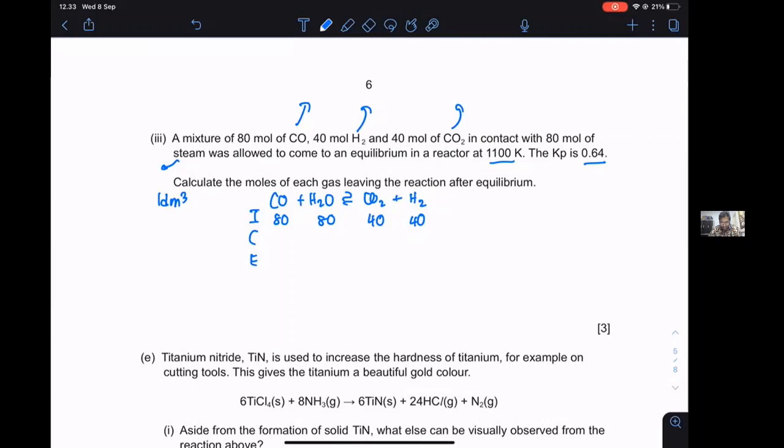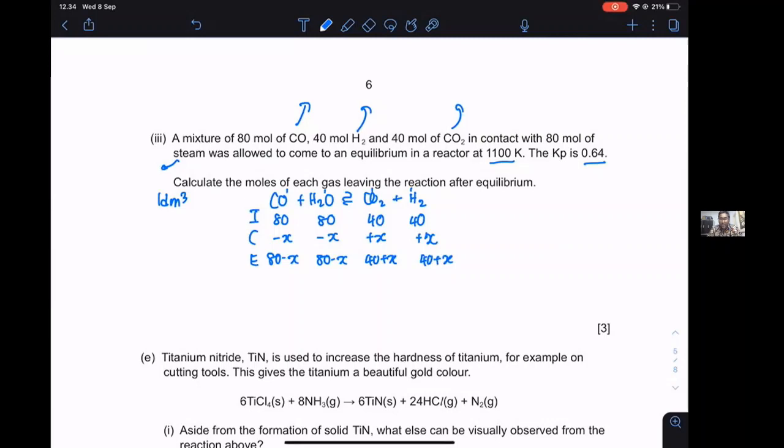We know that everything is in the ratio of 1:1:1:1, so if there is a change, it's going to be minus x for the reactants and plus x for the products. So at equilibrium it's supposed to be 80 minus x, 80 minus x, 40 plus x, 40 plus x.